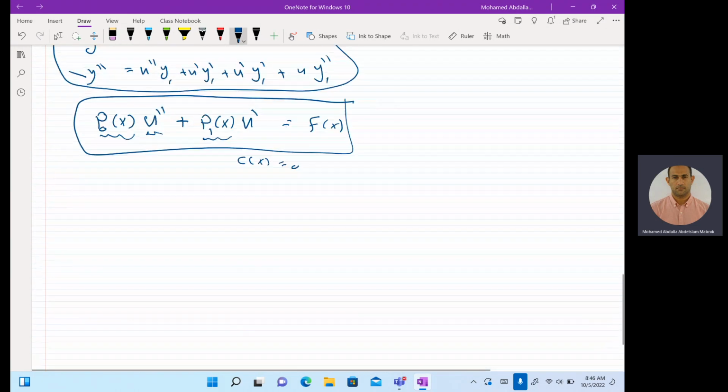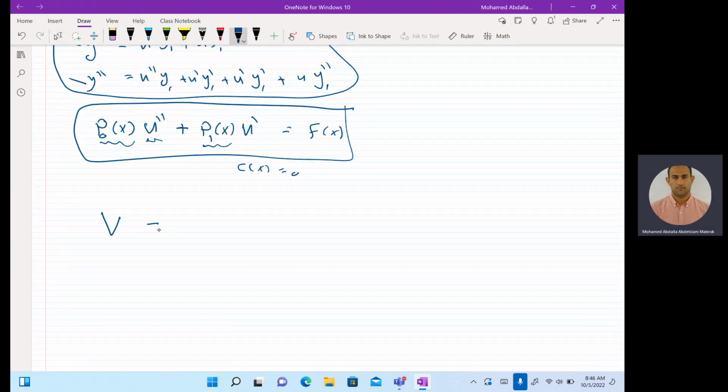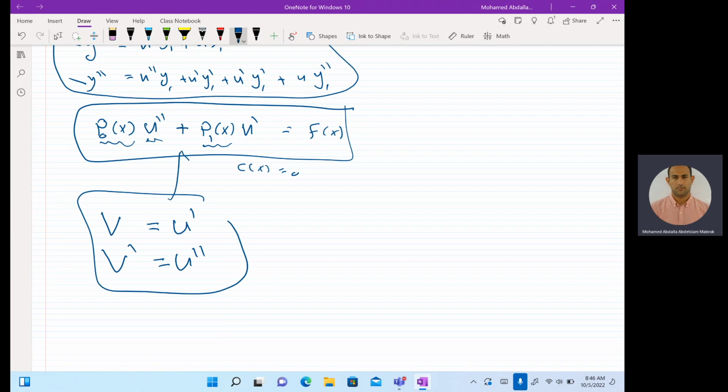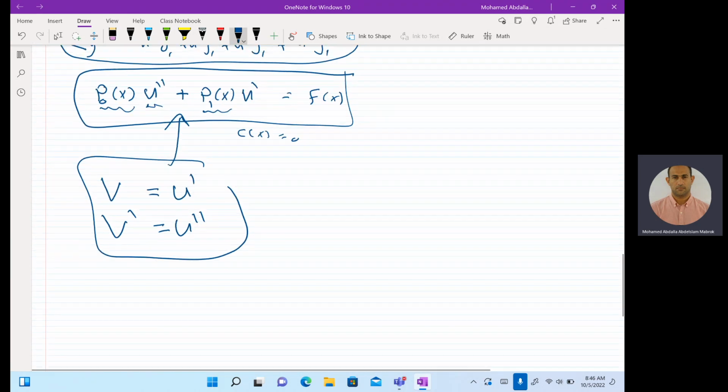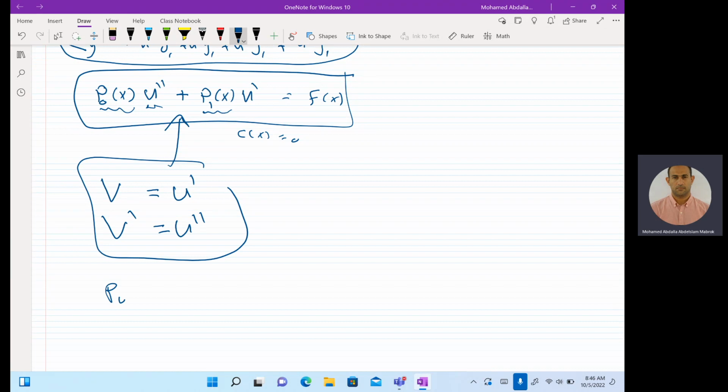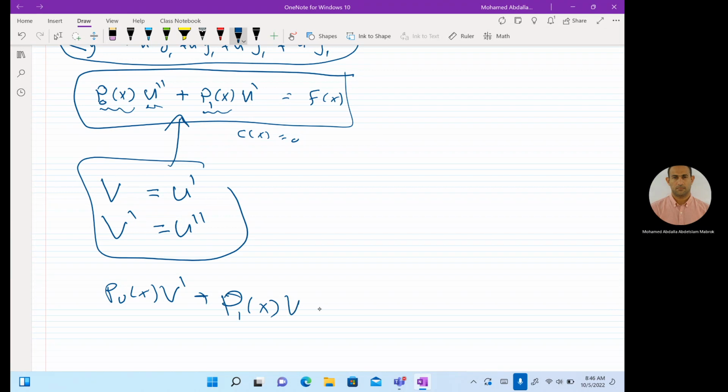So we come here and assume v equals u dash, v dash equals u double dash, and then take this and substitute there. You're going to end up with a function b0 of x, v dash, plus b1 of x, v, equal f of x.